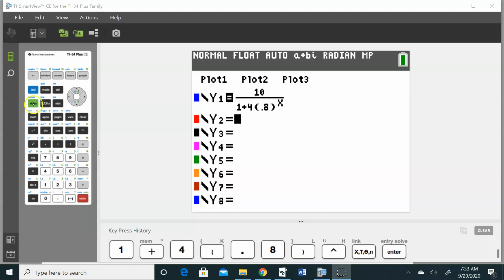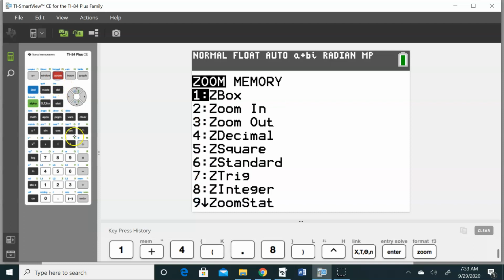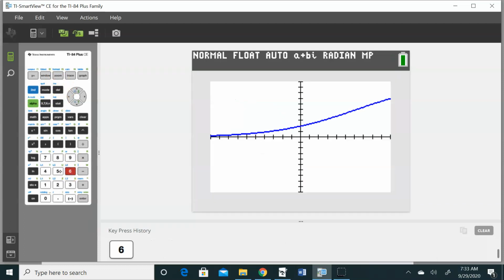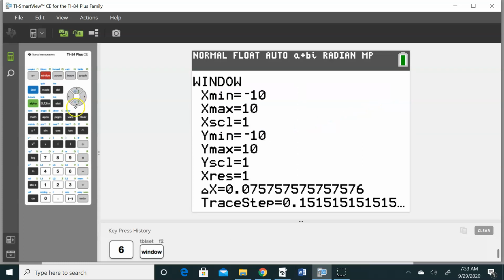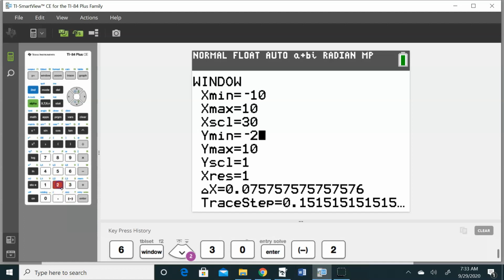Now I'm going to graph this, and so I'm going to hit zoom 6. It kind of looks like that. I kind of want to see a better window. So I'm going to change my x max to 30. I don't need to see a lot of negatives, so maybe it's just -2 for the y-min.